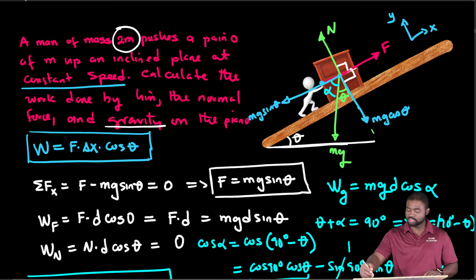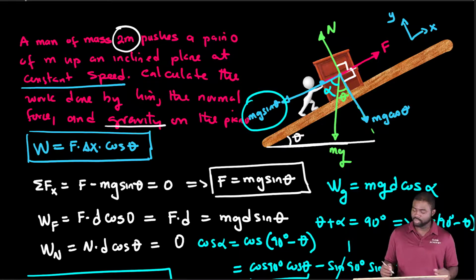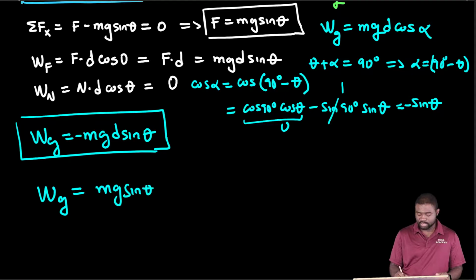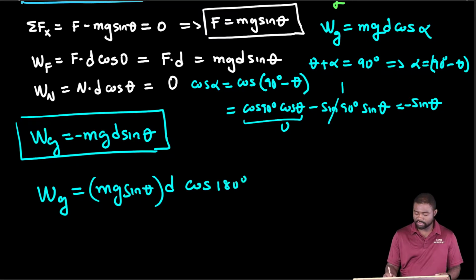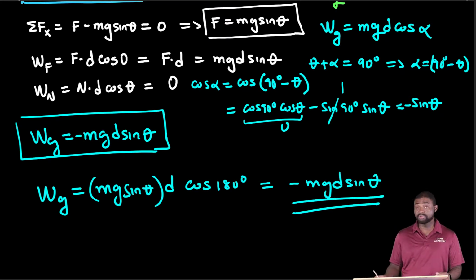So if you look at this diagram, this is the component of weight in the direction of displacement, and so alternatively Wg will be equal to mg sine theta multiplied by d multiplied by cosine of 180 degrees, which will be equal to negative mgd sine theta. As simple as that.